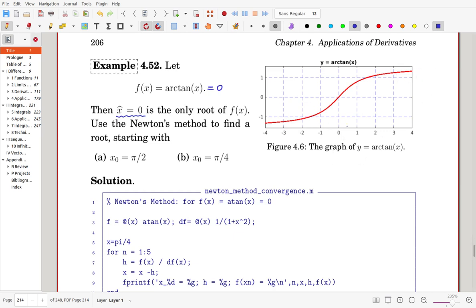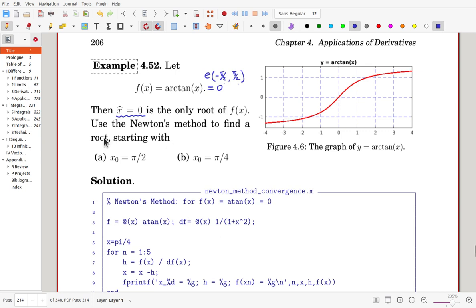So that arctangent has values from minus pi over 2 to pi over 2. Okay, so that's asymptote and that's asymptote. Now it's an increasing function, and here the only root is 0.